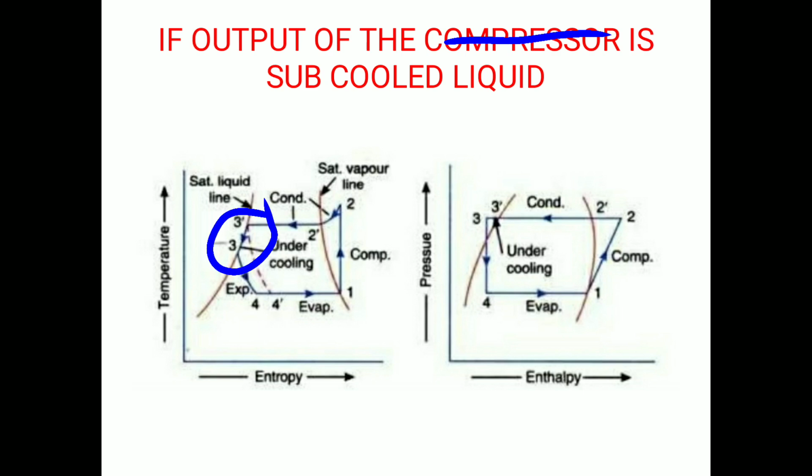So 3 dash to 3 is called the subcooling process. Later on we will see how all these things affect the COP and other quantities. So this is the TS and PS diagram for this case. Just mind this correction: this is not a compressor, this is a condenser.